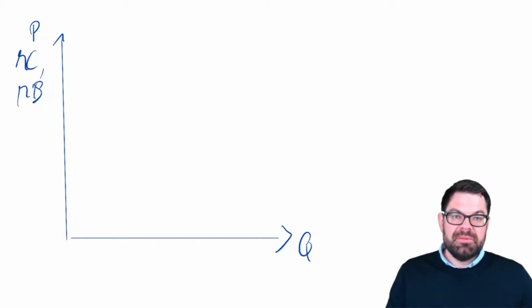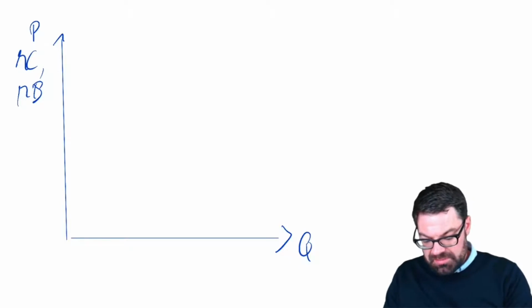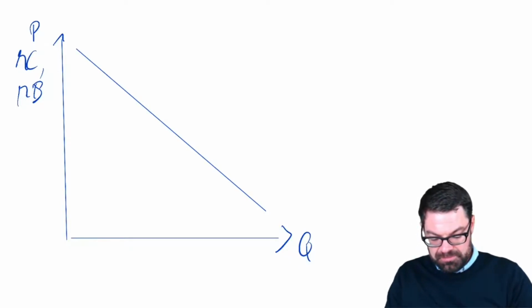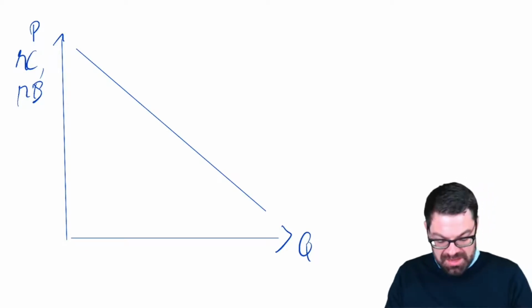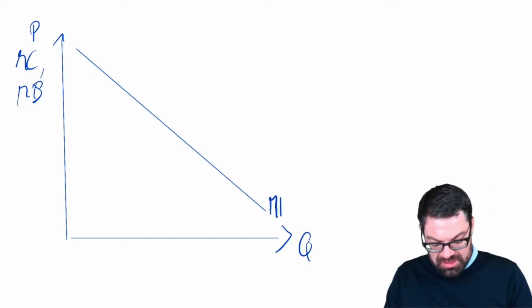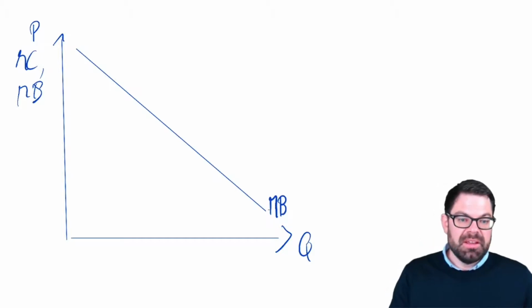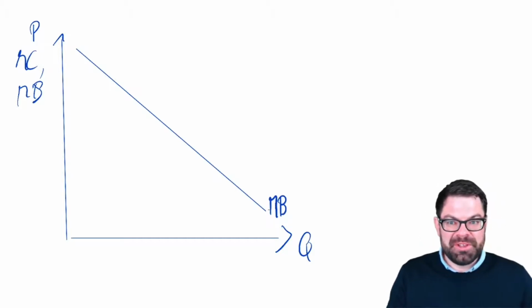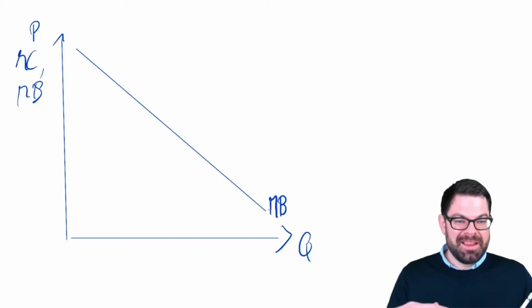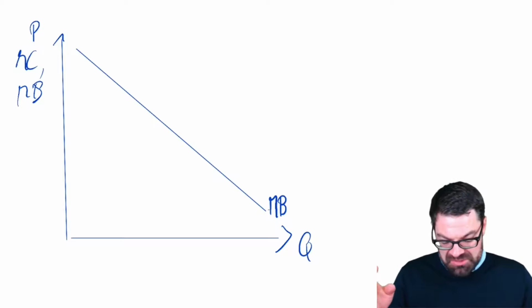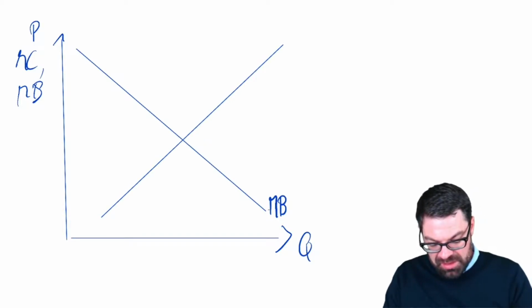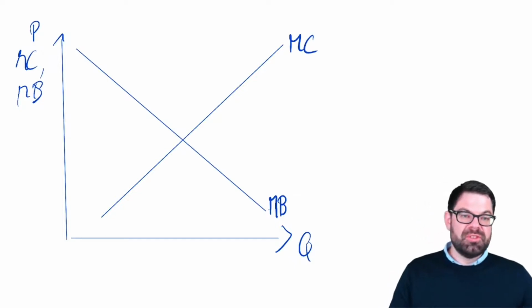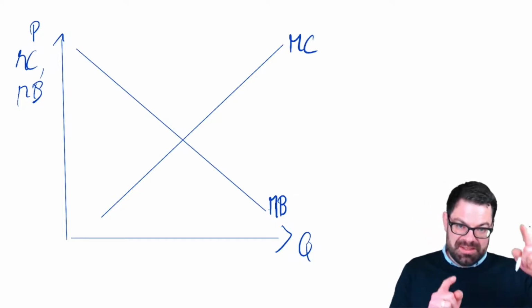Yeah, and then we have a demand curve, and that is simply the marginal benefit. That won't change. That's just given by consumers' utility maximization. Here we're looking at the firm side. So the marginal cost curve is equal to the supply curve, at least a segment of it.